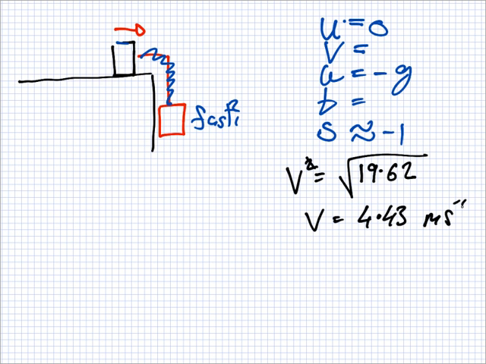Now, you might think that's the answer. That you have the block, it's fallen, it reaches a speed of 4.43, and then it pulls the other block. So logically, if this is going 4.43 when it pulls the other block, then this block here must then be moving at 4.43.